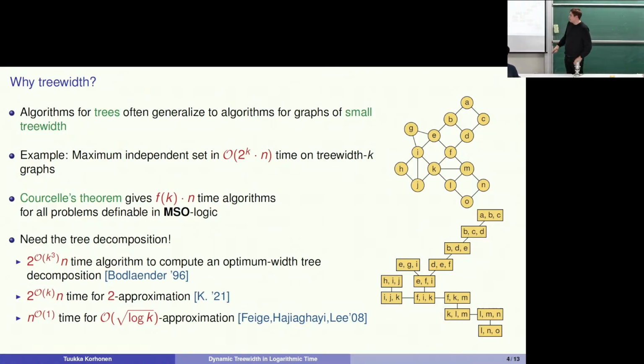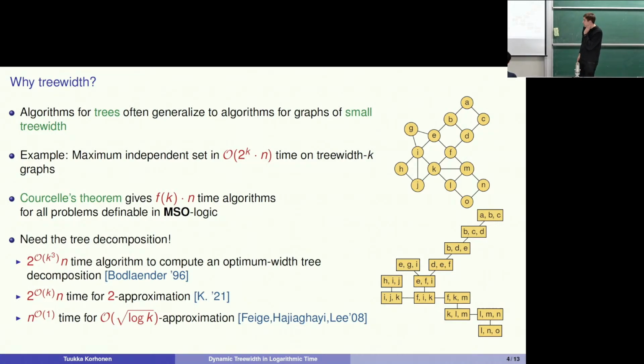If you want to reduce that a bit, you can do 2^O(k) with a 2-approximation. And also, if you want a polynomial time algorithm for computing a tree decomposition, you can do it with a square root of log k approximation ratio.